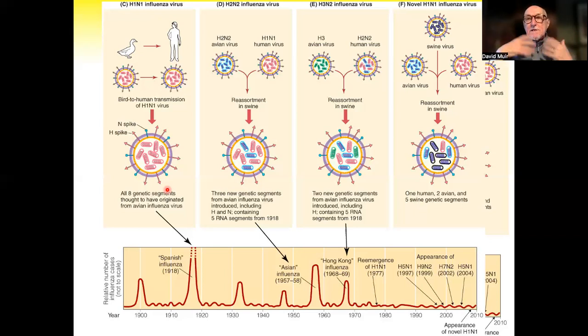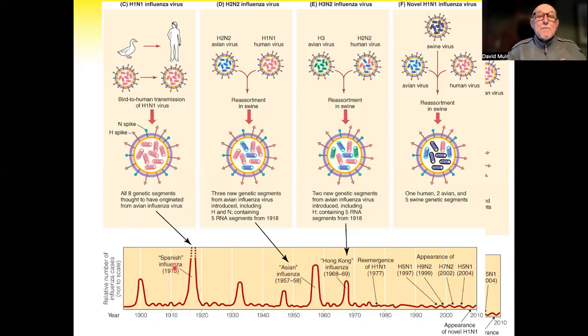initially and was disseminated largely through the movement of men going to fight in the World War and then returning home to the United States or to other countries, and spread worldwide as one of the greatest pandemics that the human population has ever seen.